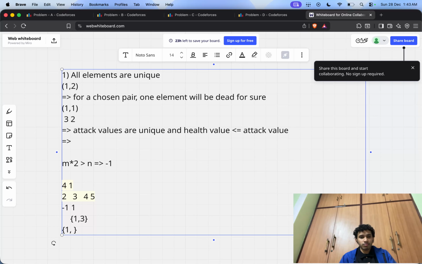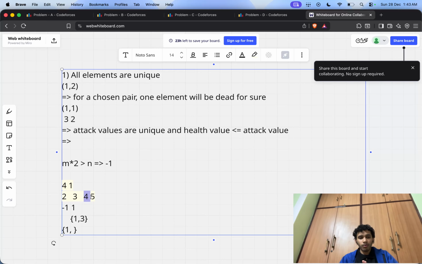Smaller than 3 for sure, because it has fought with 2. Let's say here it can be 1 as well. So in this case, the remaining health will be equal to 2. That is what I am saying. Here, the health is equal to 1. But what are the possible values? Because this particular part is sorted, the possible value is between 1 to 3, which is smaller than 4.